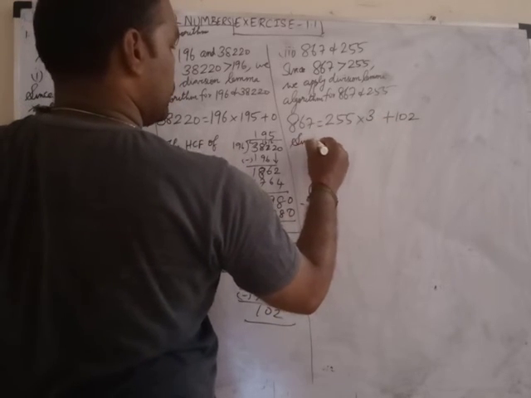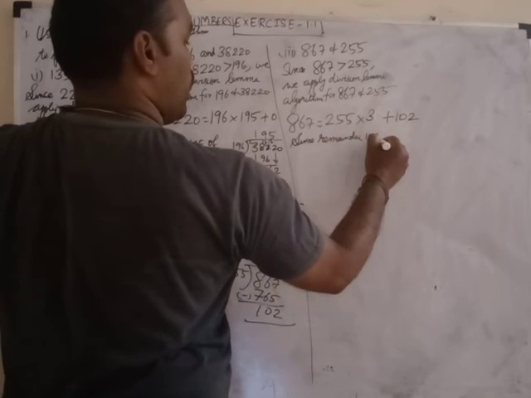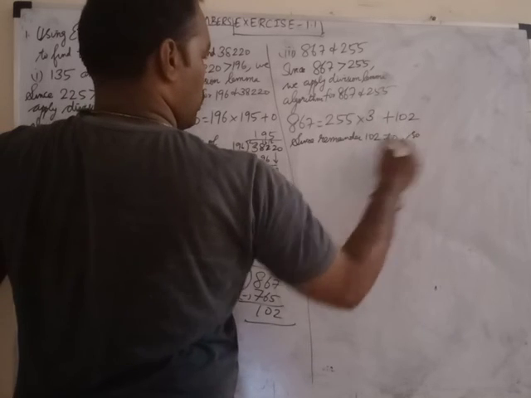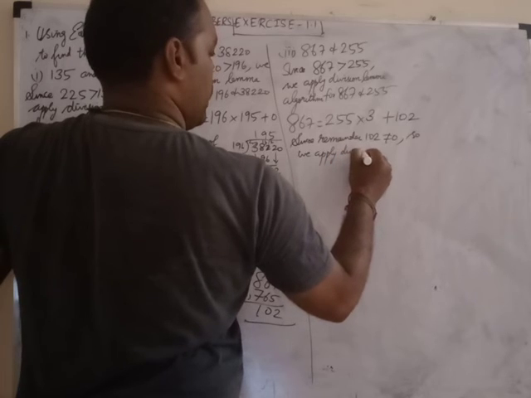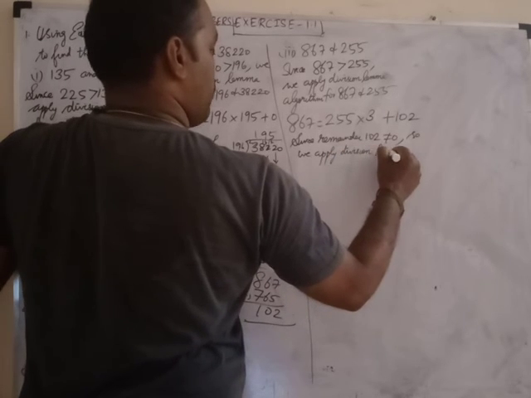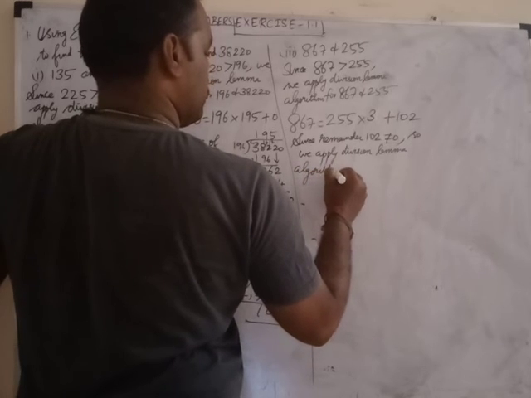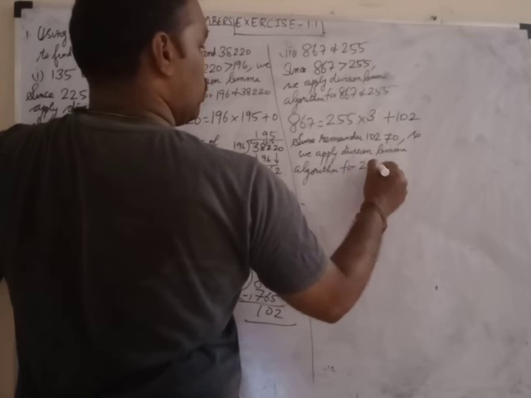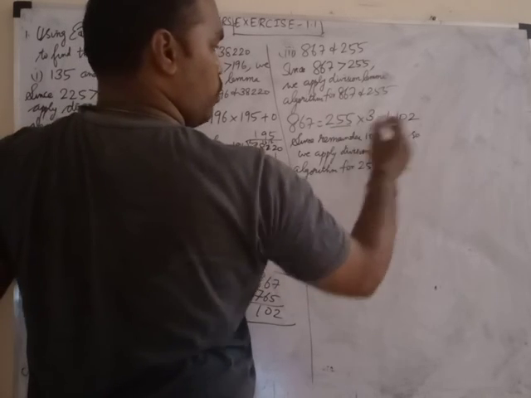So now which number are we going to do? Since remainder 1 not 2 is not equal to 0, we apply division lemma algorithm for 255 and 102. Okay, 255 and 102.